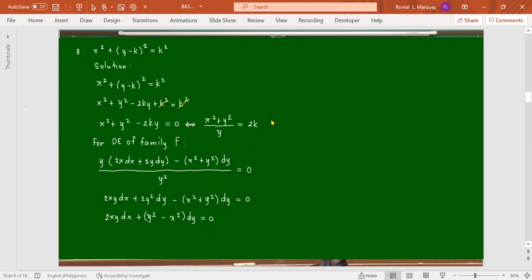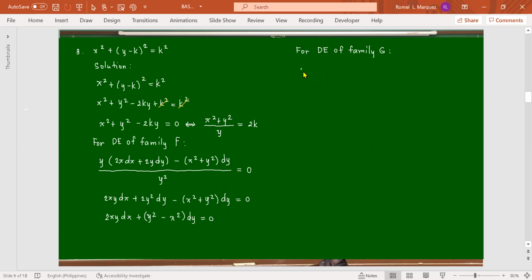So for the differential equation of family G, again, the technique is to interchange the coefficients of dx and dy, but to negate the second term.